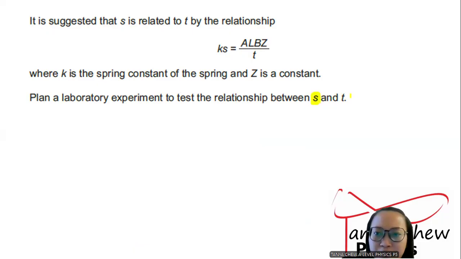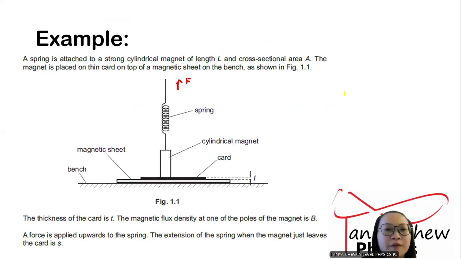You have to plan the experiment to test the relationship between S and T. So either one of these two physical quantities will be your independent variable and the other will be your dependent variable. Now, go back to the question. Which physical quantity do you think is easier to alter?